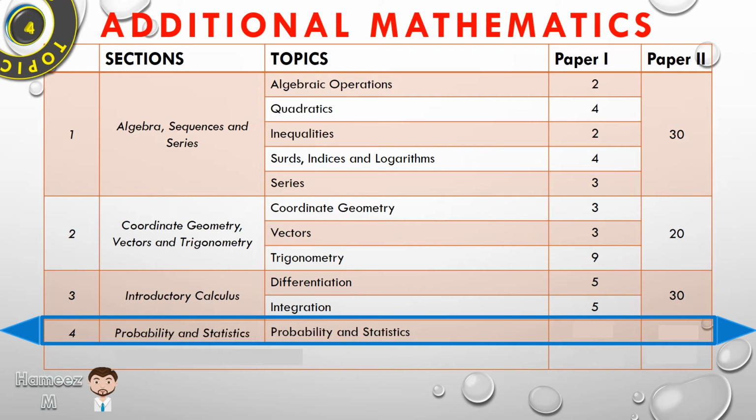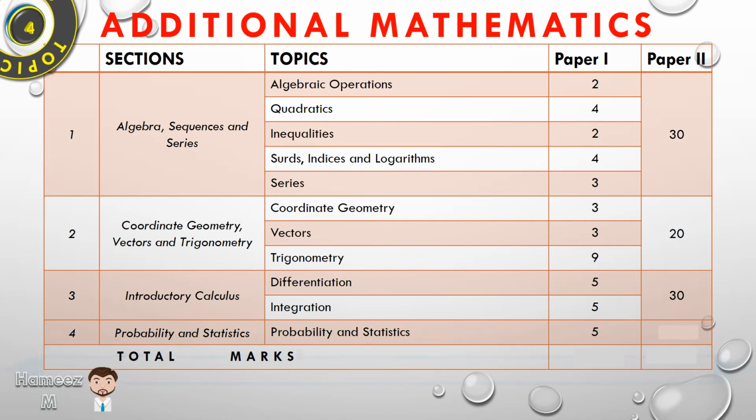So probability and statistics has 5 questions in the multiple choice. As such, 5 in differentiation, 5 in integration, and 5 in probability and statistics means that these 15 questions are based on section 3 and 4, which gives us a total of 15 and 15 and 15 more, 45 questions in paper 1.